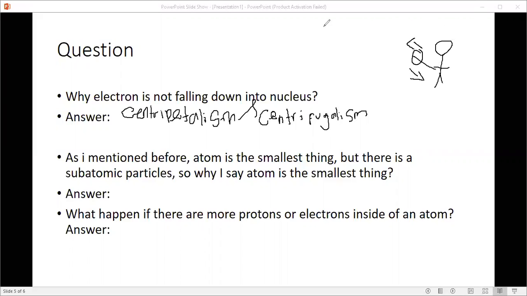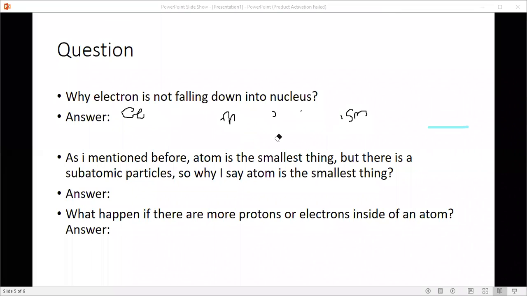This makes an electron orbit protons every time with the same speed. You guys all understand? Yeah. Okay, you all understand what centripetalism and centrifugalism are.